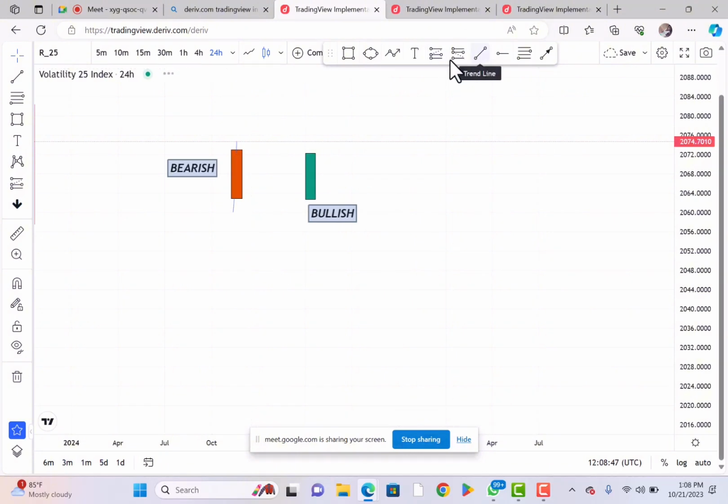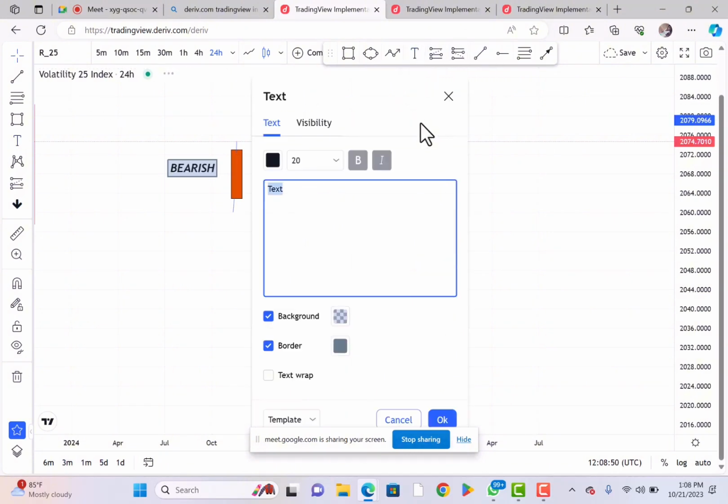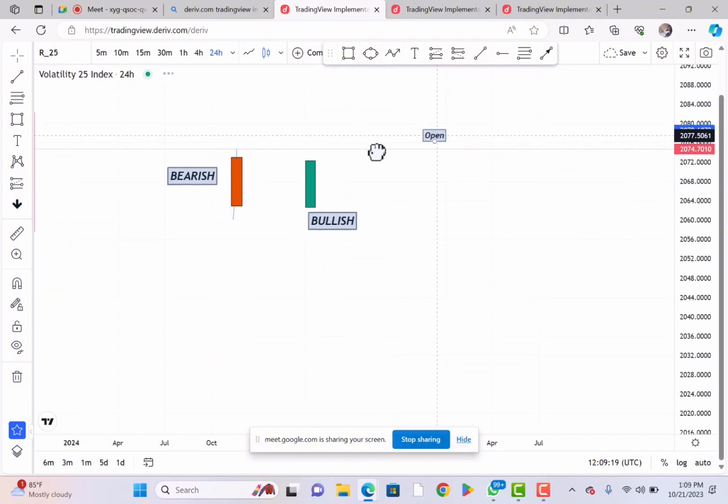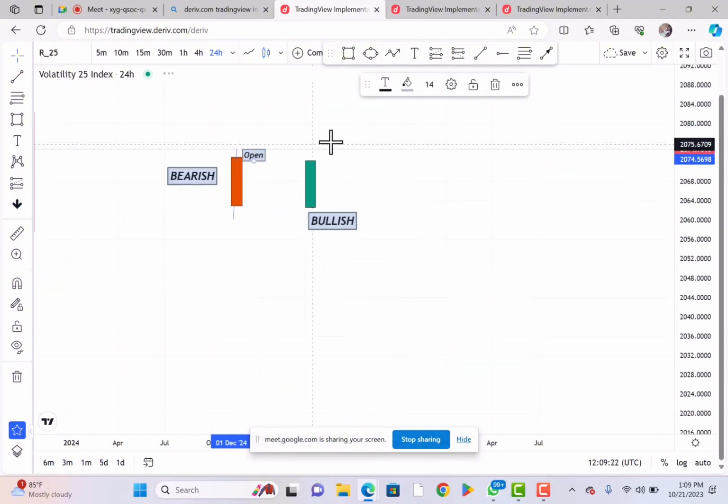We have the open here. This is the open of the candle.